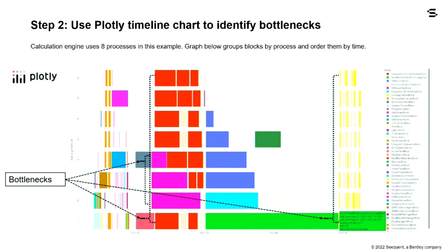And we turn the flat data that I showed you before into data that's grouped by processes and then sorted by time. And using Plotly timeline charts, you can get that nice, good-looking diagram. The colors correspond to a certain block type. As you can see, for instance, the red blocks are quite big to process, but they're pretty well parallelized.